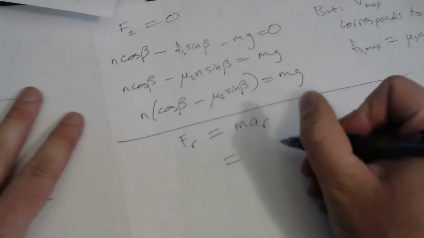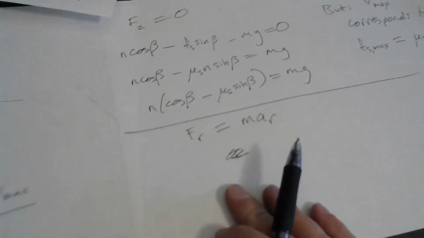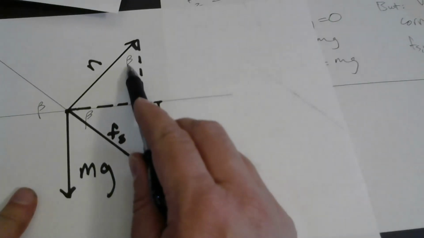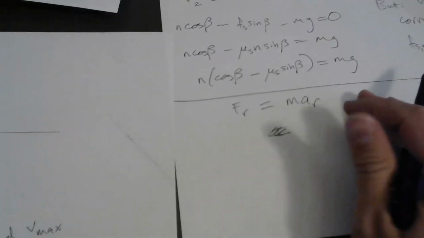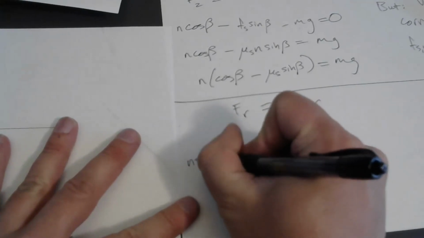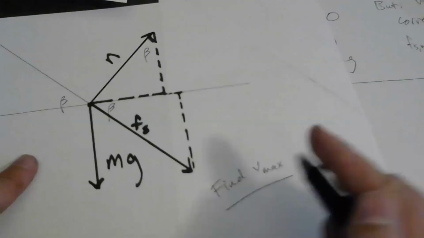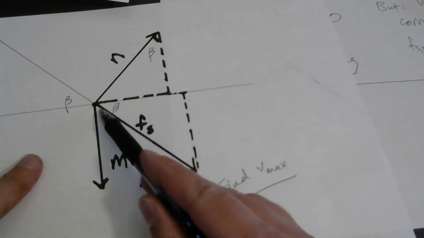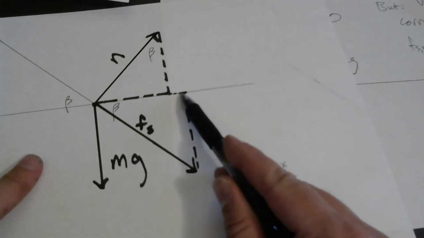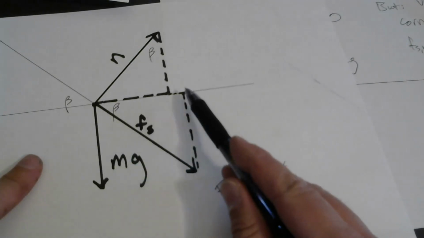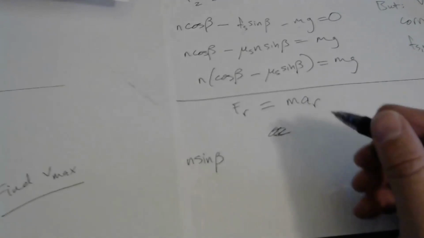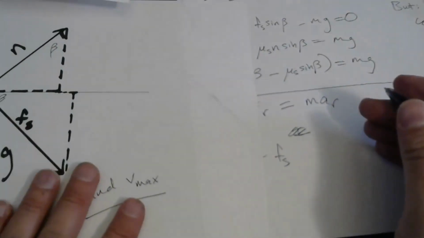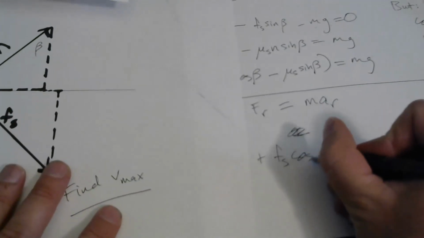Specifically, I should have left room here for the force. Okay, this component is opposite beta, so that will be N sine beta. That gets a plus sign because it points towards the center. This component of friction also points towards the center, so it gets a plus sign. Now, in this right triangle, the r component of friction is adjacent to beta, so I'll say plus Fs cos beta.